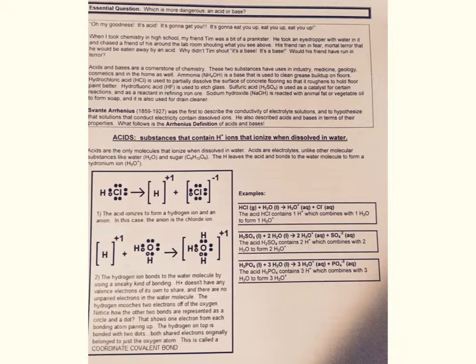Svante Arrhenius was the first to describe the conductivity of electrolyte solutions and to hypothesize that solutions that conduct electricity contain dissolved ions. He also described acids and bases in terms of their properties. So we're going to talk about what makes an Arrhenius acid and base.